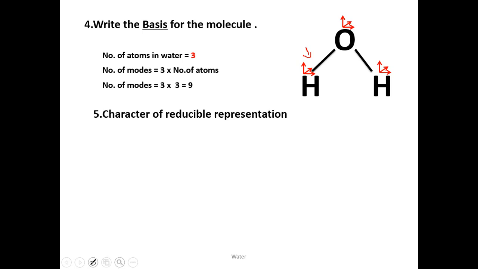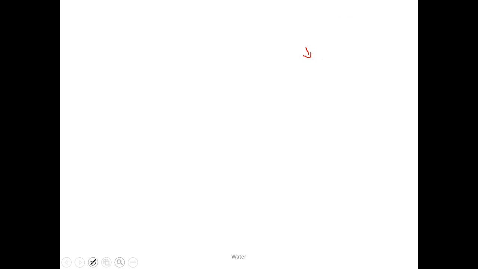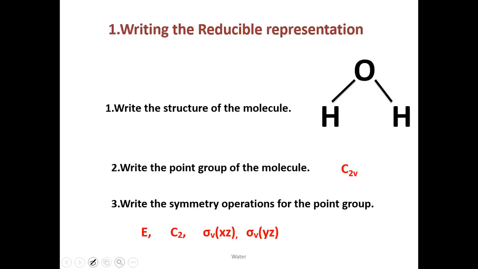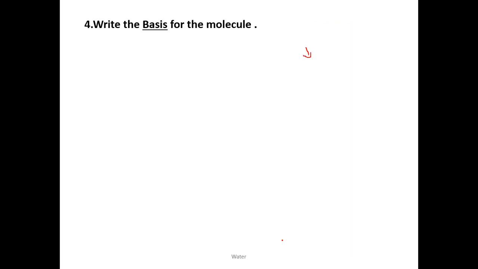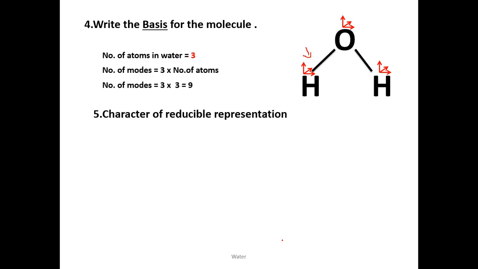Next we are going to determine the character of reducible representation. It is determined by performing the 4 symmetry operations. The 4 symmetry operations are E, C2, sigma v xz and sigma v yz. These 4 operations are performed on this basis, and you have to find the number of unshifted atoms.